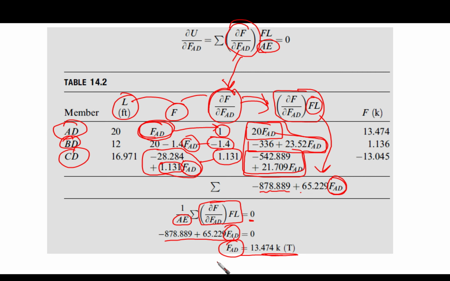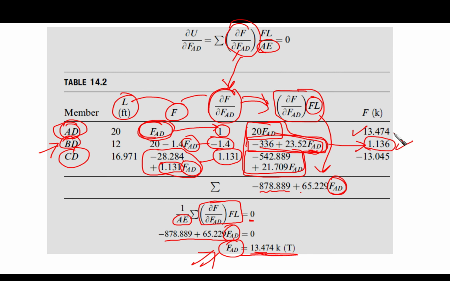Now the redundant is available for us. This means that the AD force is 13.4. This is the first member. For member BD, if we substitute in this equation by FAD, which is 13.4, we can obtain the value of member BD, which is 1.136.